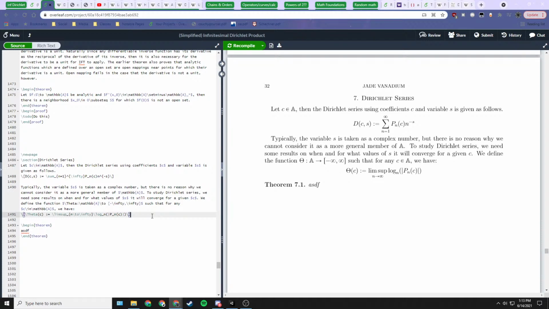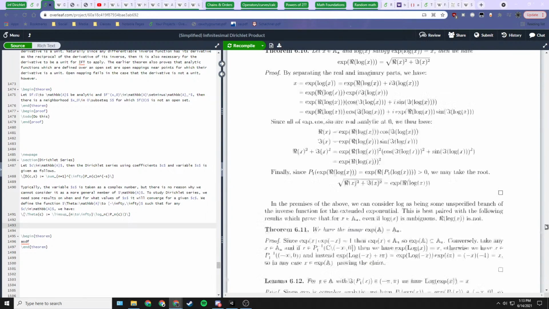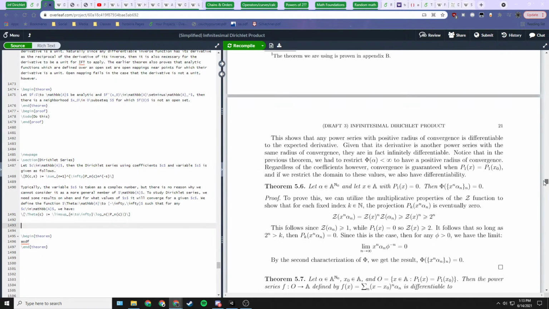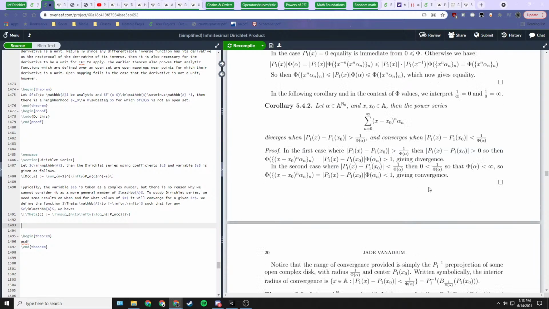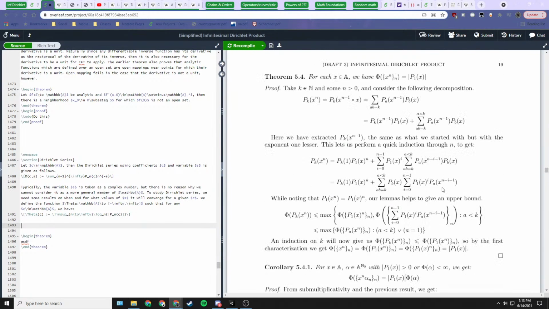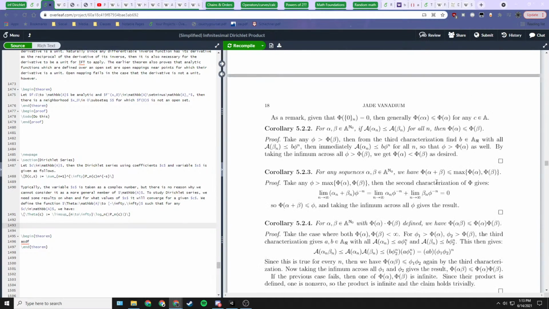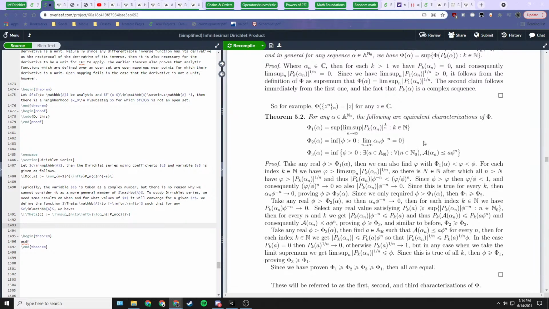So we can essentially just restate a theorem we had on our phi function. Where was that? Let's find it. Okay, way up here, we had these three equivalent characterizations.